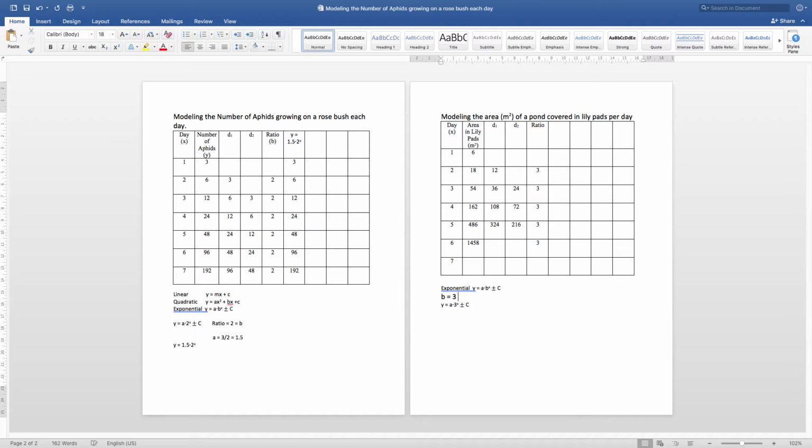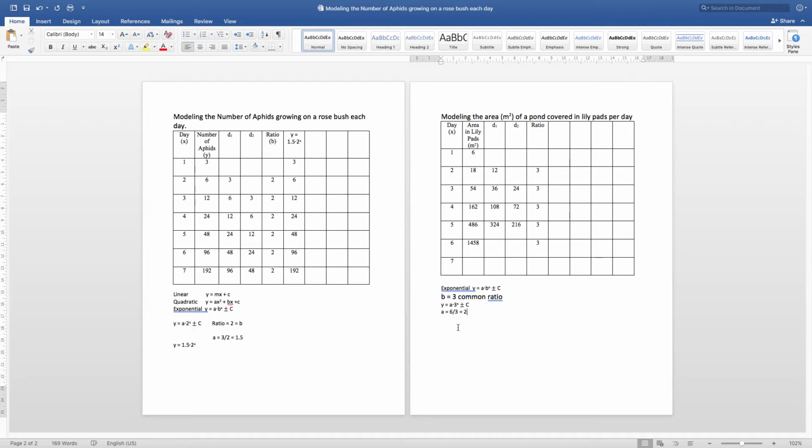This is the common ratio. Now I'm going to find out what a is, and that's going to be 6 divided by the common ratio. So it's 6 divided by 3, which is equal to 2.